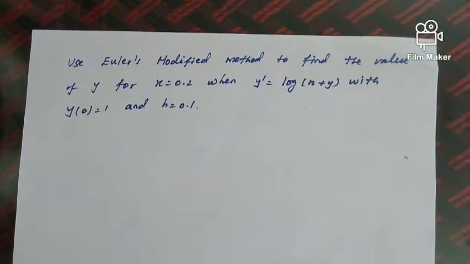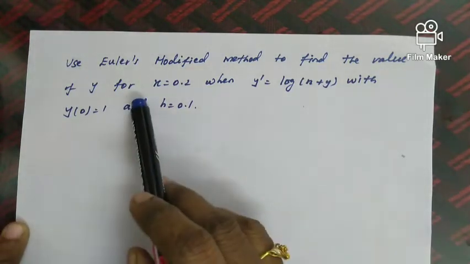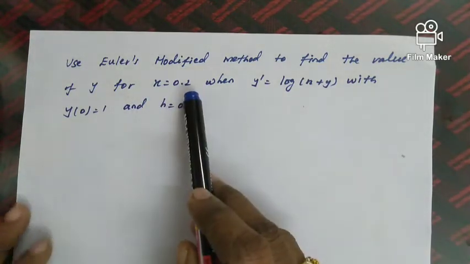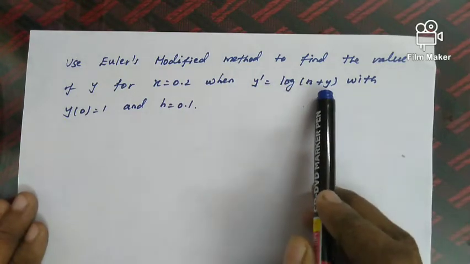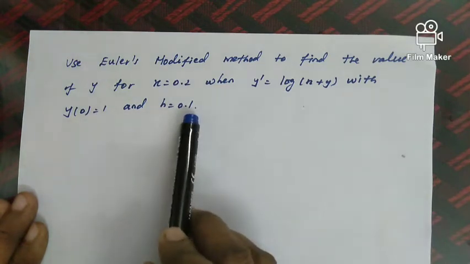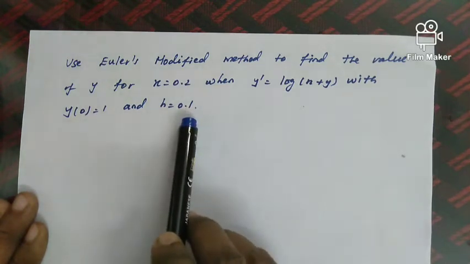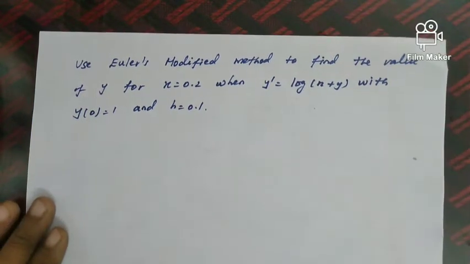So now we will do a problem based on modified Euler's method. Look at the question. Use Euler's modified method to find the value of y for x equal to 0.2 when y dash equal to log of x plus y with y of 0 equal to 1 and h equal to 0.1. In the question itself it is mentioned to use Euler's modified method.